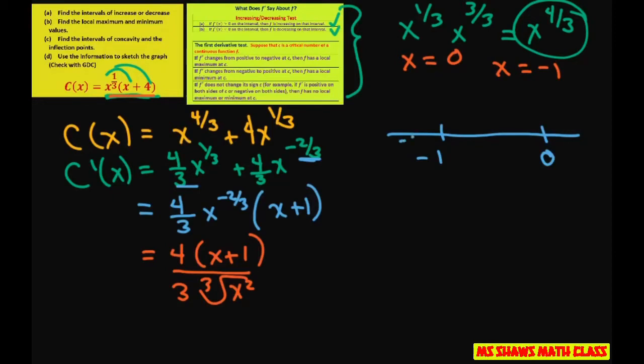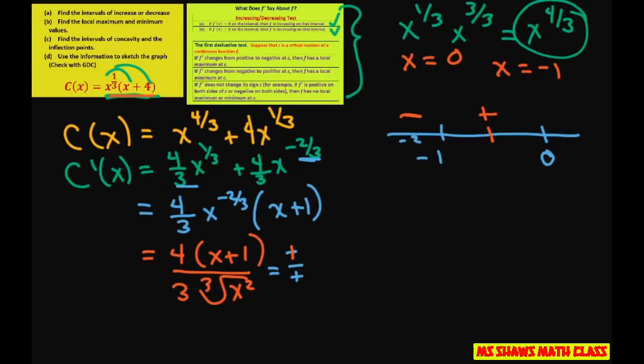So if I plug in, say, negative 2 here into my derivative, I'm going to get negative, and if I plug in negative 2 here, it's going to be positive. So we have a negative and a positive, gives me a negative. If I plug in negative 1/2, I'm going to get positive divided by positive, so that's positive.